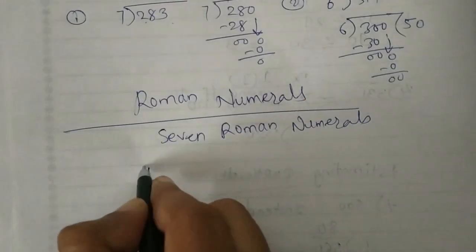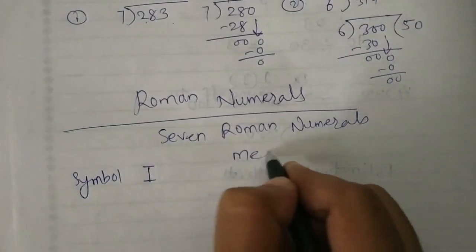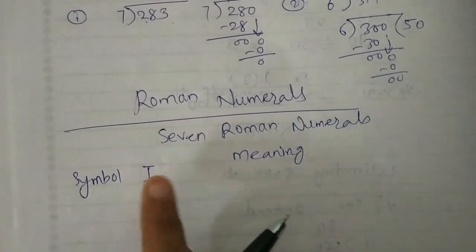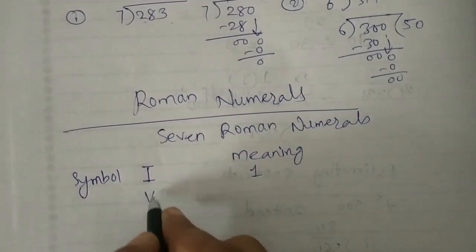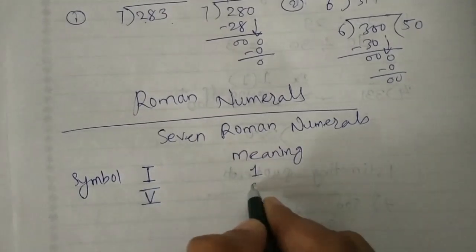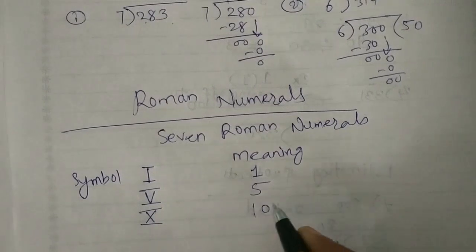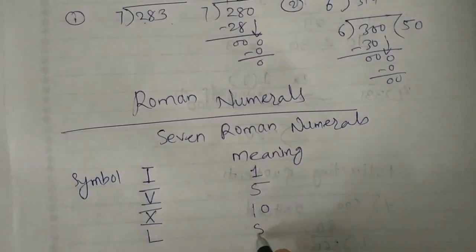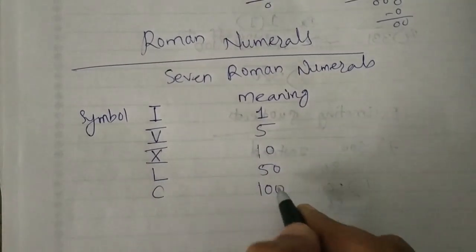For example, you have a symbol and its meaning I will write down here. This symbol I in capital letter represents 1. Then this symbol represents 5. This symbol represents 10. Capital L means 50. And then C is 100.